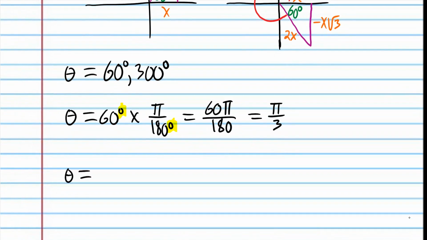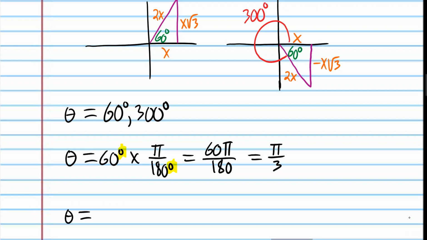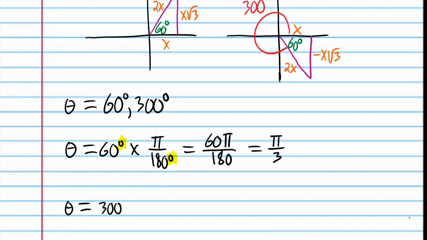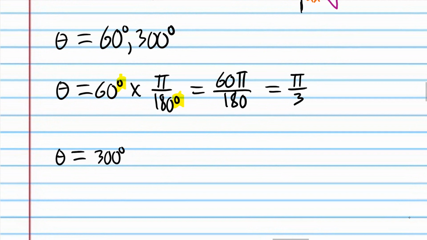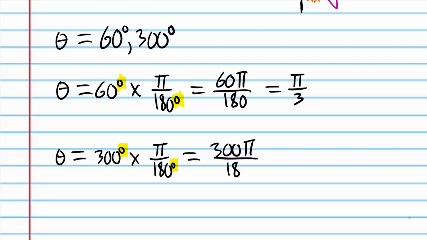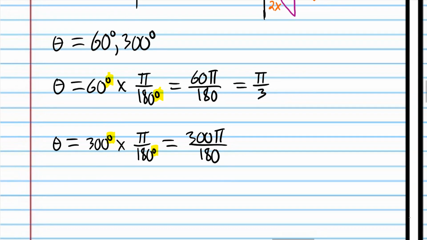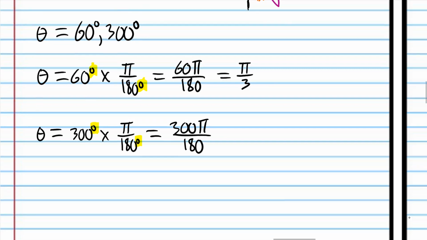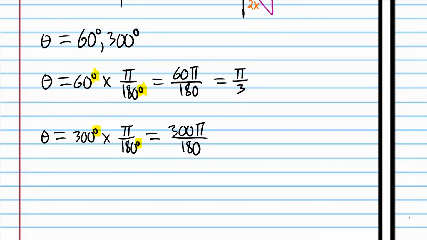But we also found that 300 degrees is a solution between 0 and 360. So we're going to convert that to radians. The degree symbols cancel out, and we're left with 300 pi over 180. And if you reduce that, you get 5 pi over 3.